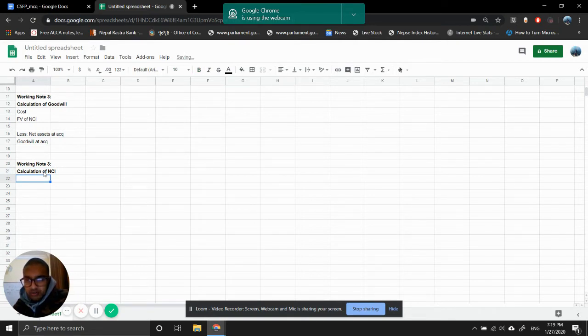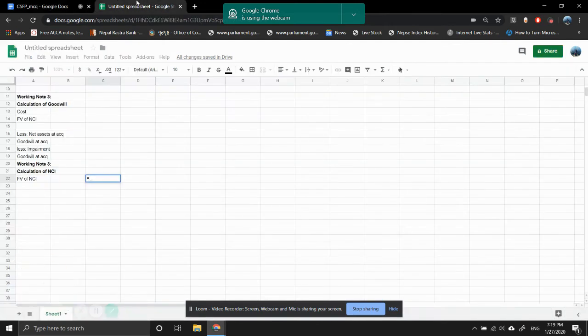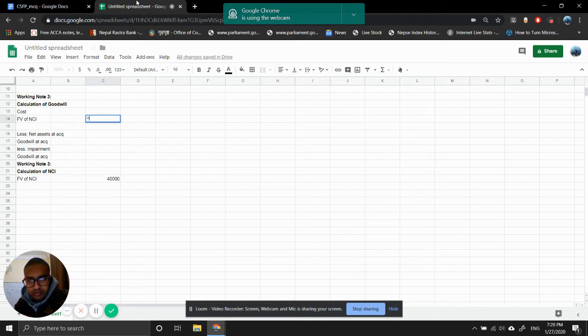First thing, what we normally do is fair value of NCI, less impairment, and then goodwill. The fair value of NCI is already given: 40,000. So same figure over here as well.